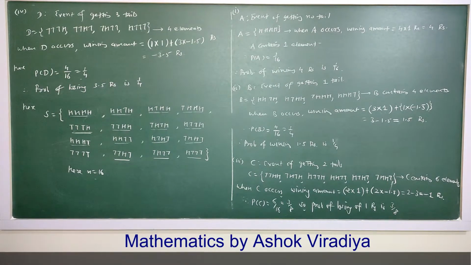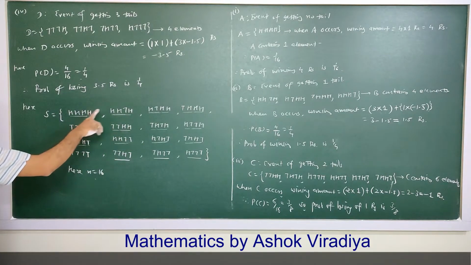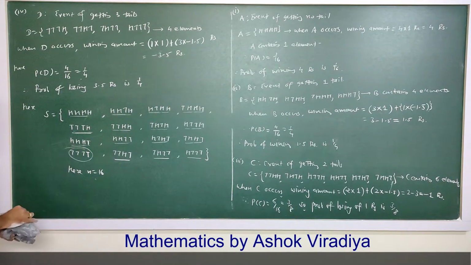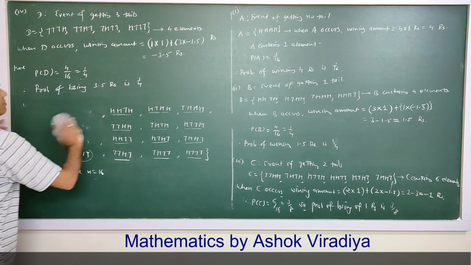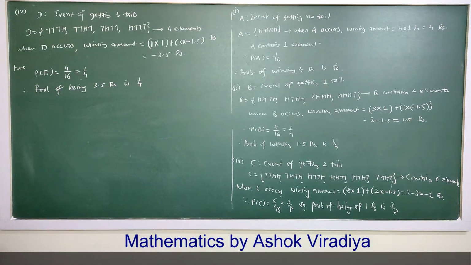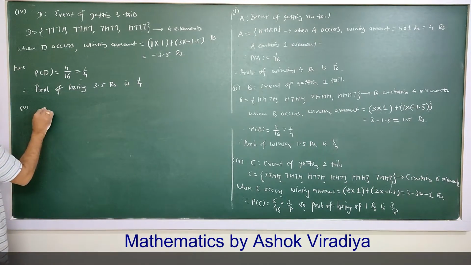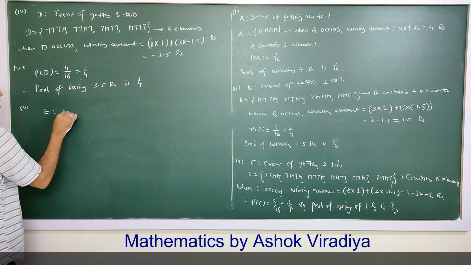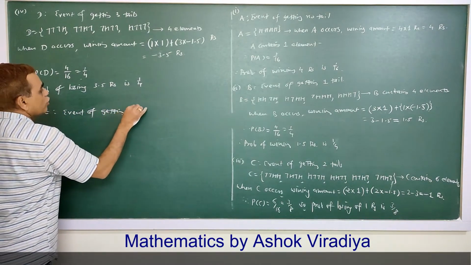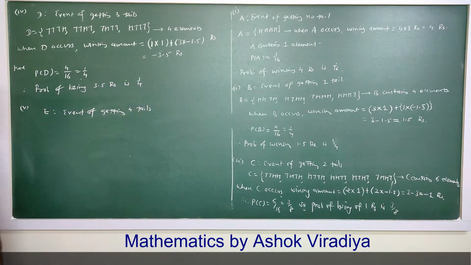Now last case, event of getting 4 tail. Here I was underlining, now only this is left, 4 tail. So case number 5, let E be the event of getting 4 tails.